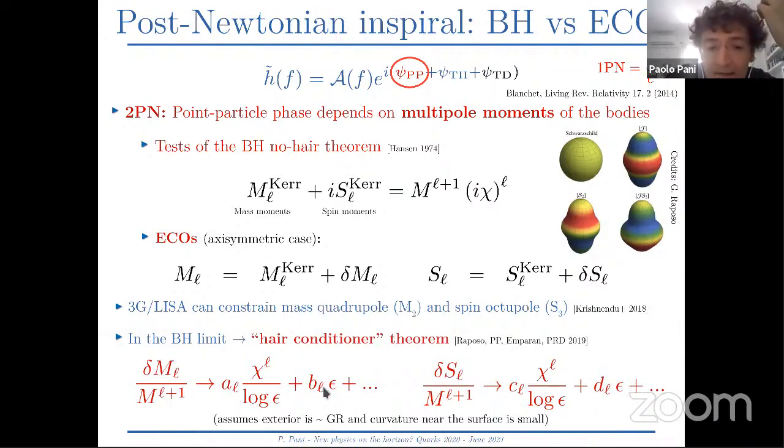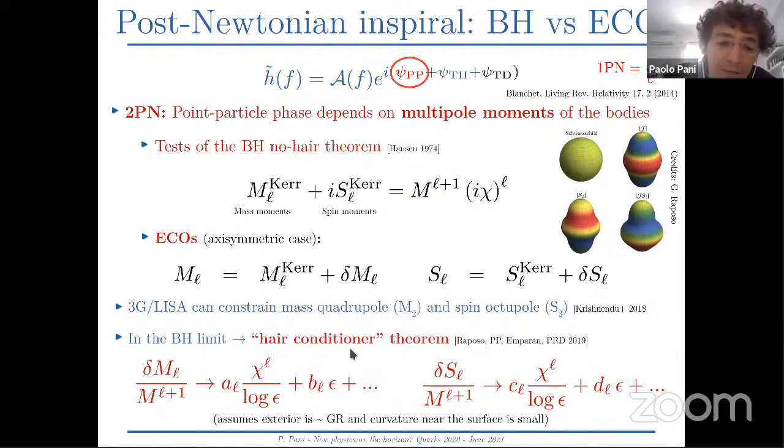And the assumption behind this is that the spacetime outside the radius is sufficiently well described by GR, and that you want the curvature near the surface to be not parametrically larger than Kerr. Of course, if you are fine with having, say, Planckian curvature at the horizon, even for a supermassive object, then you don't need to require this. But if you want the curvature to be of the order of that of a black hole, then this correction to the moments has to be small.